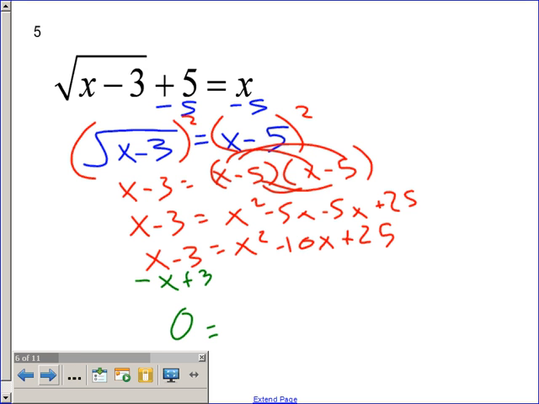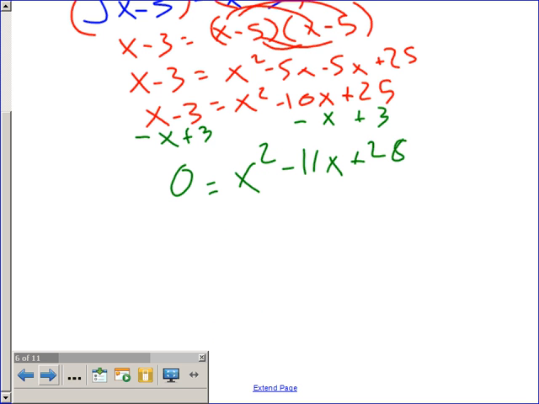So I'm going to put that x under here and that 3 under here. X squared. Then we have negative 10x minus another x gives us negative 11x. And we add 25 and 3 and get 28. So now we're just going to factor to solve this. 0 equals, and we set up our parentheses.